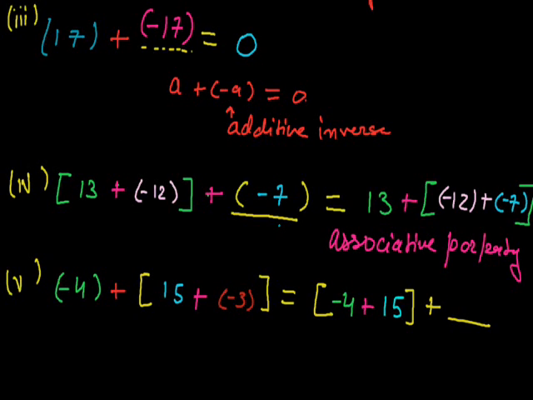Now what number should come here? We have just seen an example in the above question that we can add integers in any groups. So here they have added first 15 and minus 3. So I think the number which should come here is minus 3 only. This is again the associative property of addition.